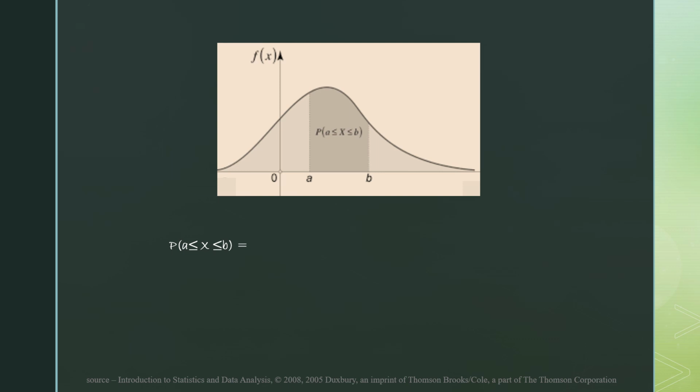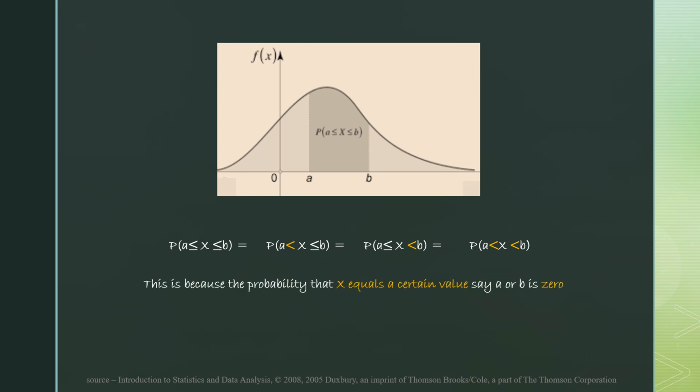Probability of x greater than or equal to a and less than or equal to b equals probability of x greater than a and less than or equal to b and probability of x greater than or equal to a and less than b and probability of x greater than a and less than b. This is because the probability that x equals a certain value, say a or b, is 0. And that's because the width of the curve above a point a or b is infinitesimally small, in other words 0.